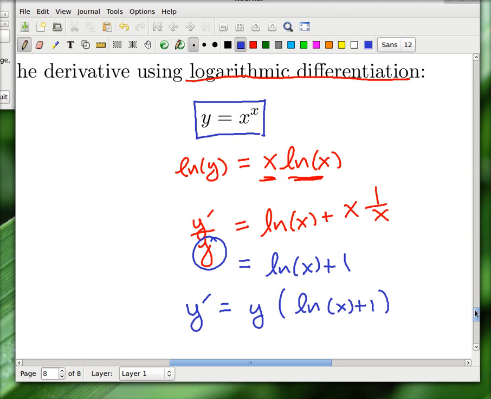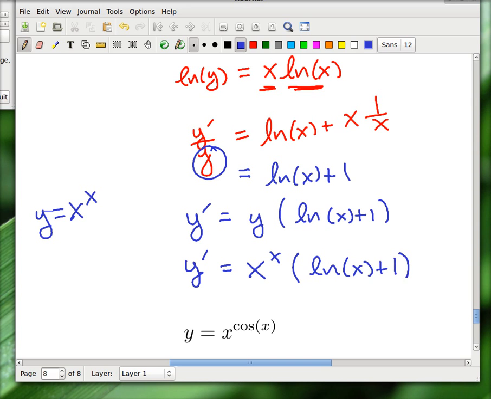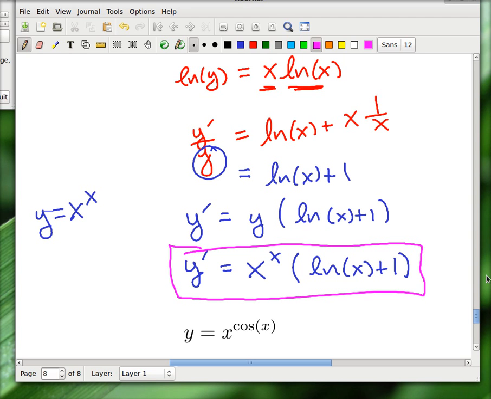So right now my answer has this y in it, but I know that y is equal to x to the x. So now I can write y prime completely in terms of x by making that substitution. And that's it. Okay, so there's the answer. It's not too bad, huh? There it is.